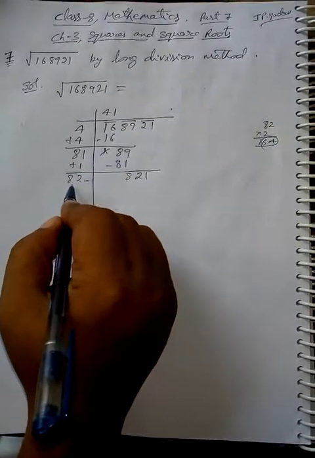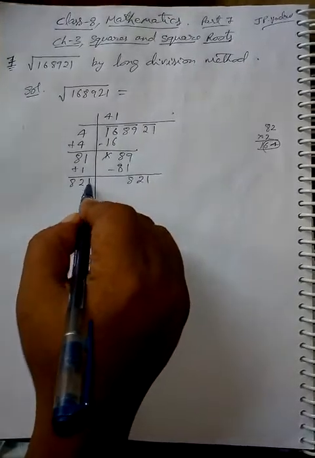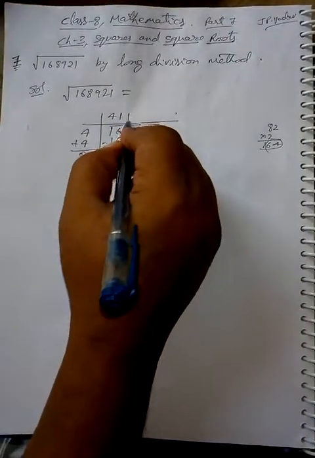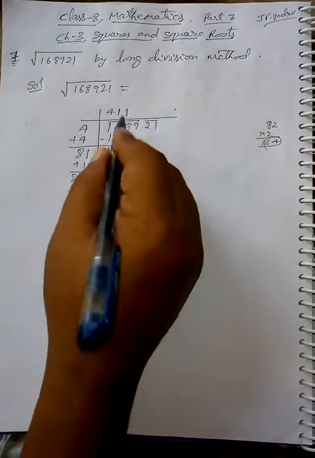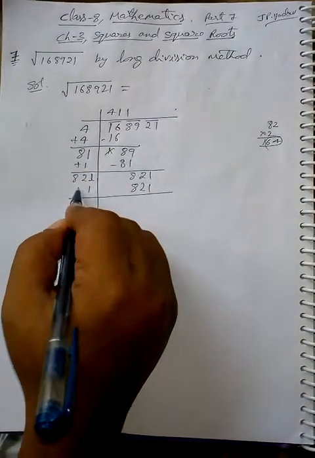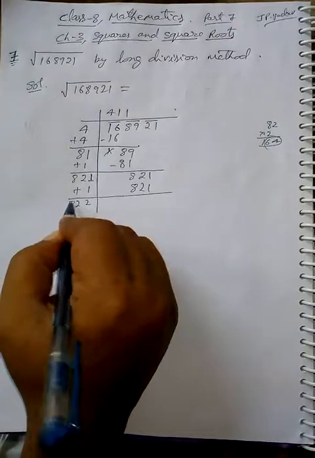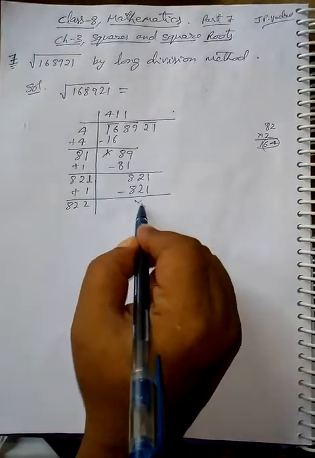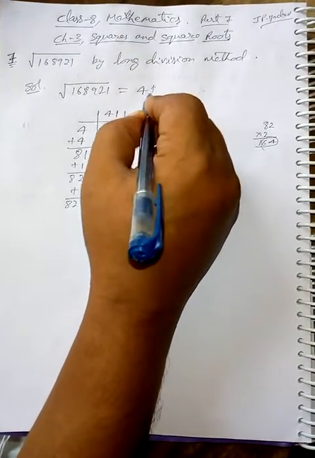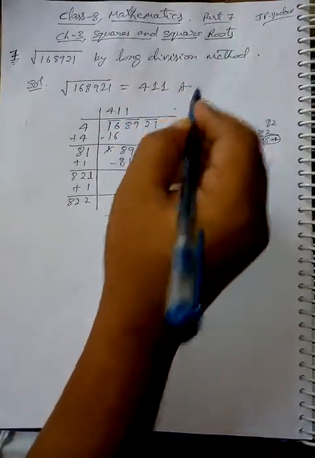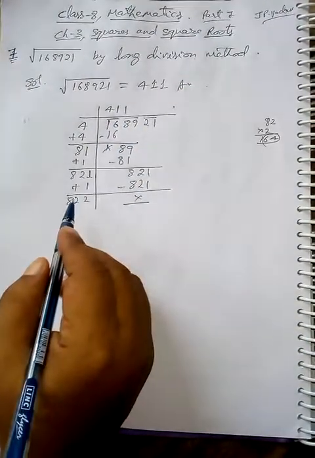Now in the table of 82, 1 times, we see that 821 ones are 821. We know whatever we write here must be added here, 228, and this we subtract, we get 0. So the answer is 411. This is the answer when you do the long division method.